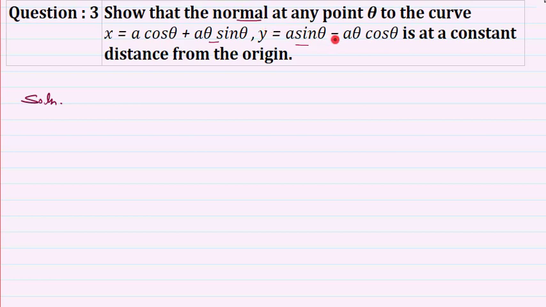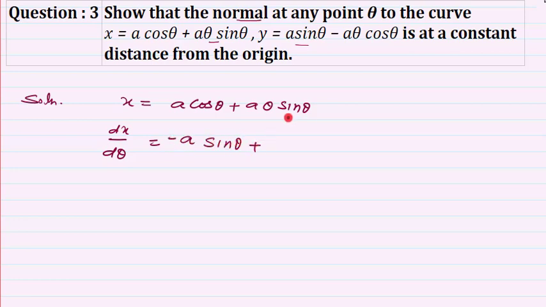First of all, as I told you, we need to calculate the slope of the tangent at any point theta. For that we need to calculate dy upon dx. As x is given to us as a cos theta plus a theta sin theta, from here dx upon d theta is minus a sin theta plus, here we'll use the product rule, a is constant and remains outside, and theta into derivative of cos theta plus sin theta into 1.